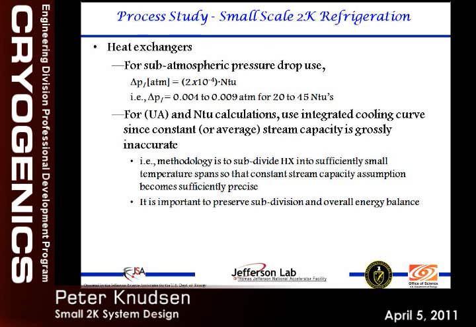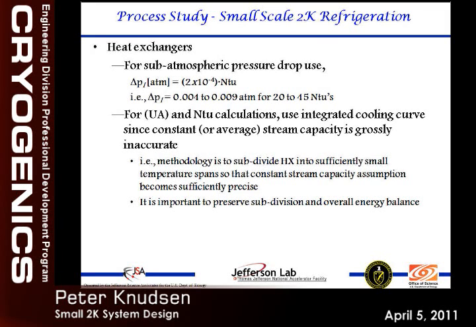For heat exchangers, we also wanted to consider what the effective pressure drop would be in a subatmospheric stream. So we modeled that, as I showed there, as a function of the heat exchanger length. It would vary between roughly 4 millibar and 9 millibars as we vary the heat exchanger from 20 to 45 NTUs.